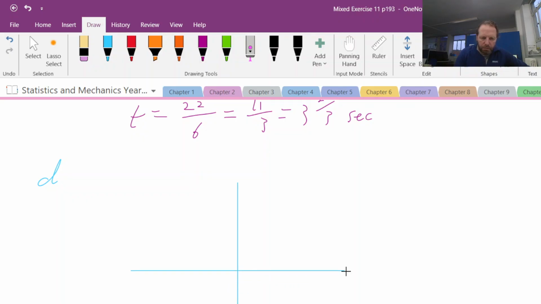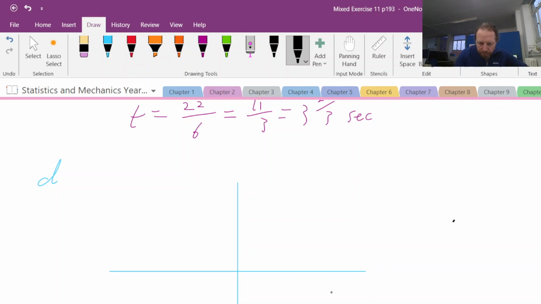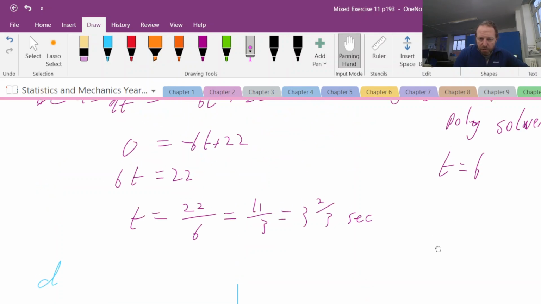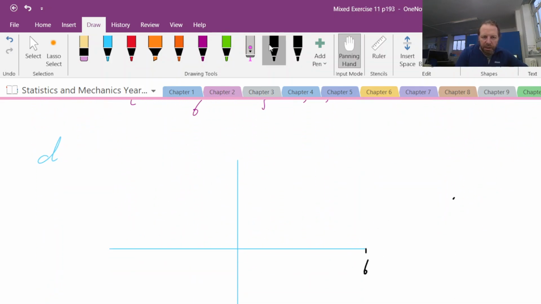So here it is. We know that it is going to 6. It is also crossing here at 1 1/3. So if that's 6, there's 3, and 1 1/3 is here, 4/3.